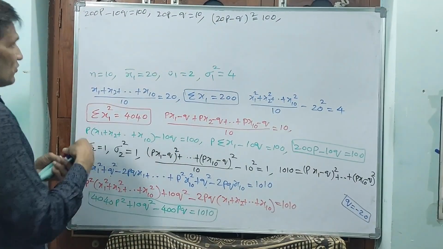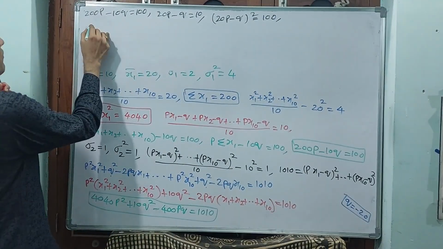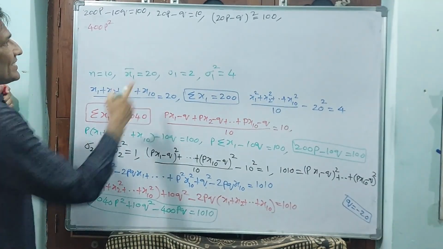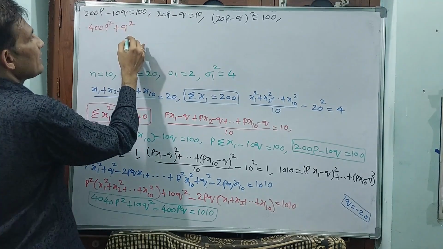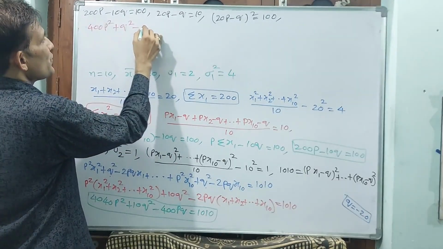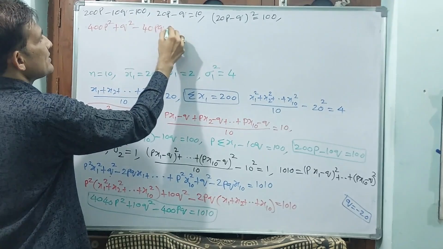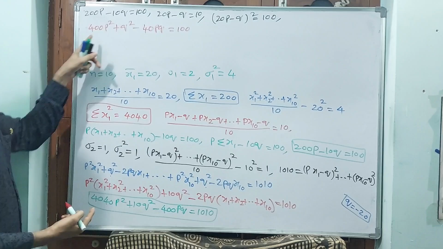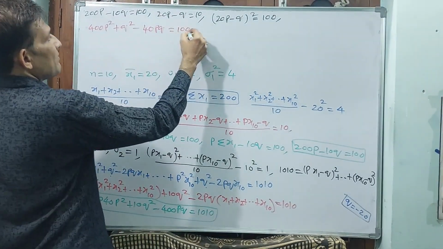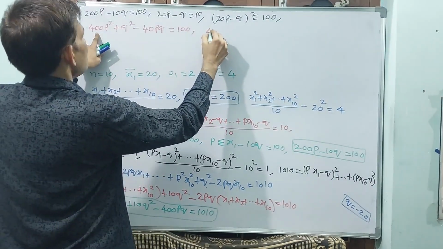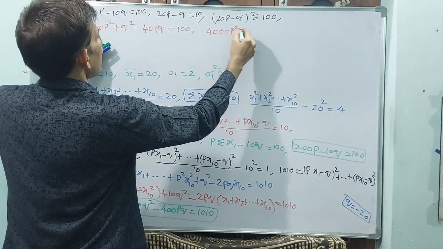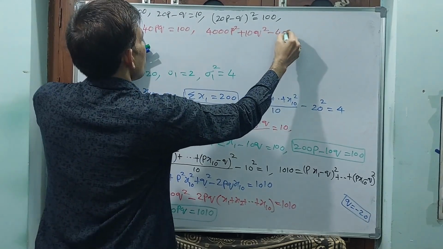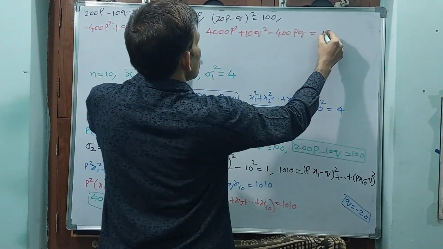This 20p minus q I will also expand: 400p square plus q square minus 2 into 20, 40 pq is equal to 100. And you see here 4000 is there, here 400 is there, and I am multiplying with 10. If I multiply with 10, automatically this is going to become 4000 p square plus 10 q square minus 400 pq is equal to 1000.